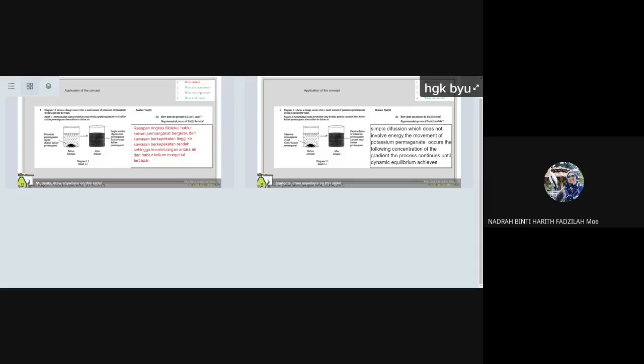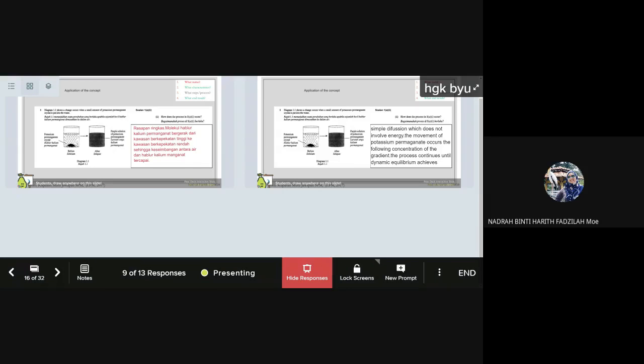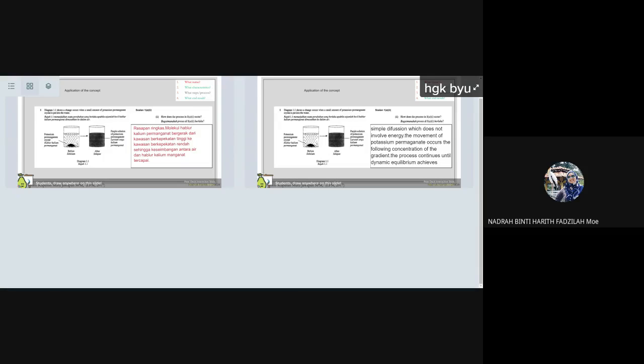High concentration area. Anak-anak, kalau kita nak mention high concentration area, dekat beaker tu, high concentration area tu dekat mana? Dekat atas beaker ke, atas larutan ke, atau bawah larutan? Okay, so kalau kita tengok kat sini, potassium permanganate crystal mula-mula semua berkumpul at the bottom of the beaker kan.